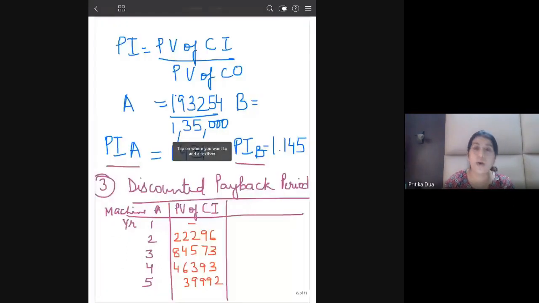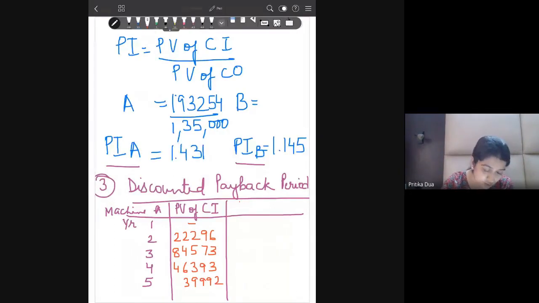Okay, okay. So you are having the present value of cash inflows. The next step is to calculate the cumulative cash flows, which is simply the addition from one cash flow to the other. I'll also use the calculator here.